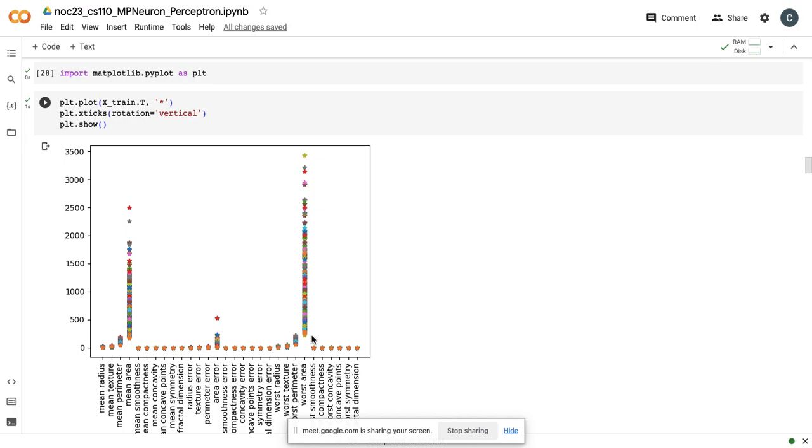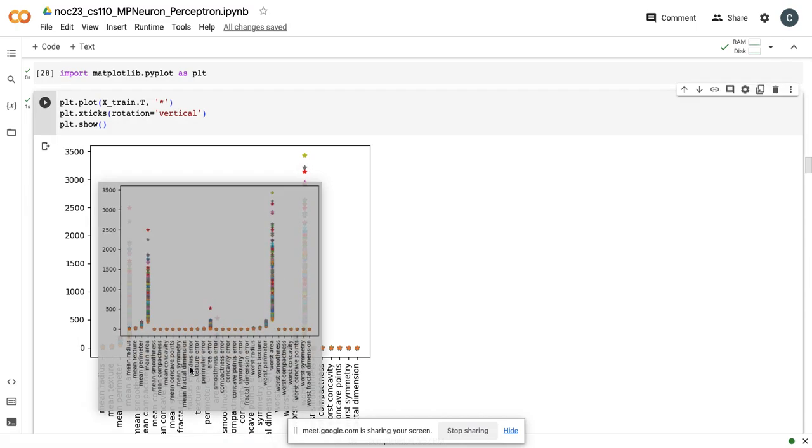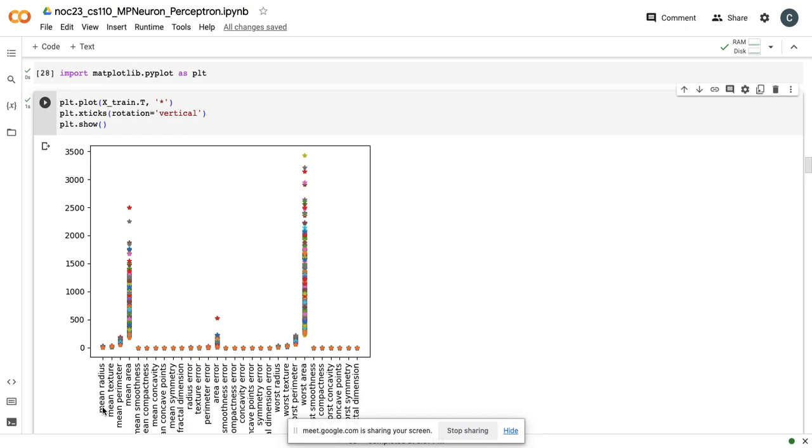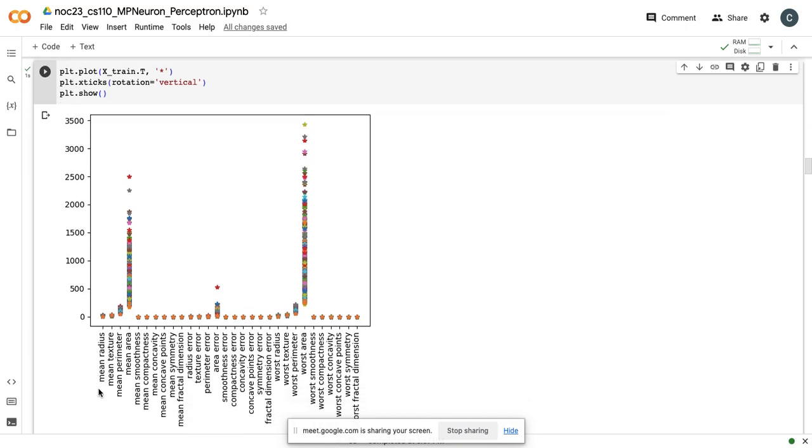So this is not an ideal condition to say that anything below 1000 is considered 0. For each and every feature we have to see the range where we can make that split. So let's suppose there's something called radius error, or let's say mean radius. That's the first one, and assume it has values between 0 to 100.